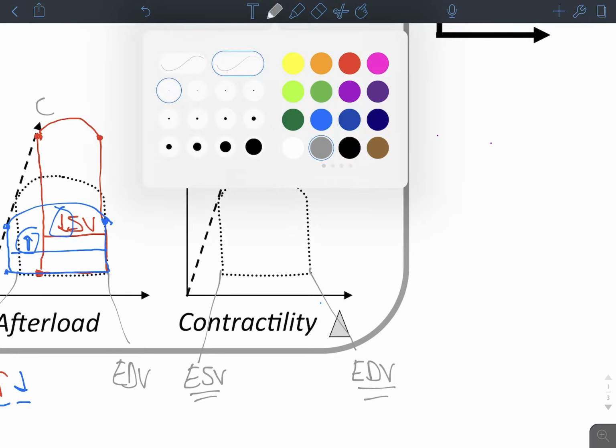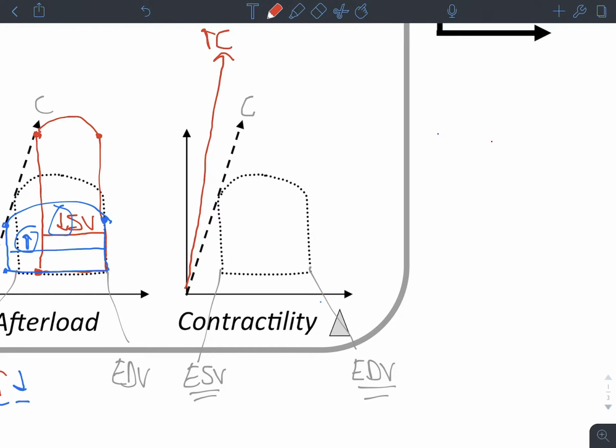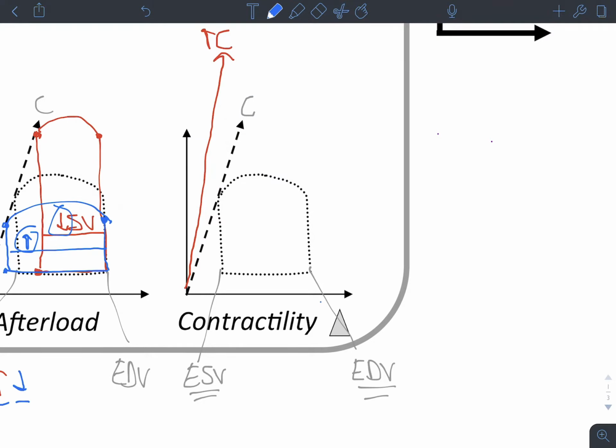So if we are increasing contractility, this dotted line should actually increase. The slope of that line should increase. If we are decreasing contractility, then the slope of that line should decrease.